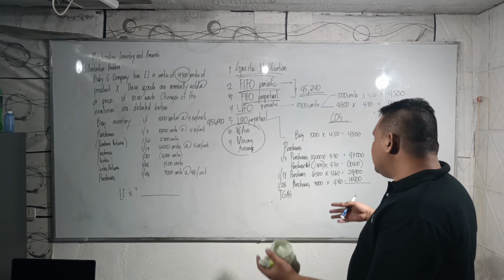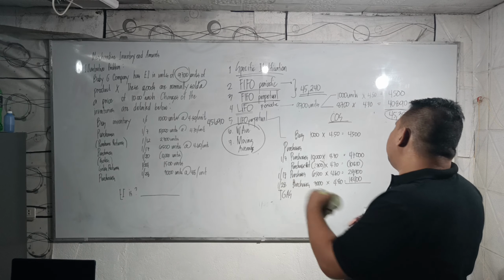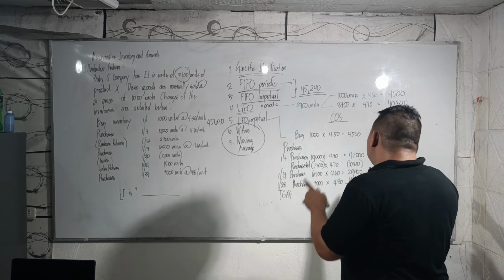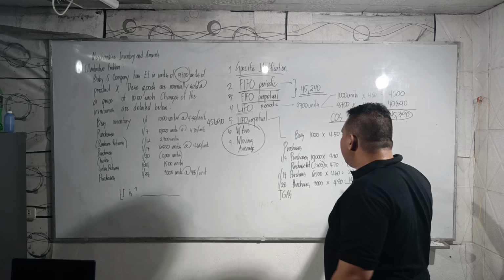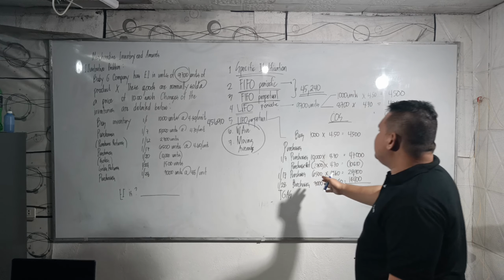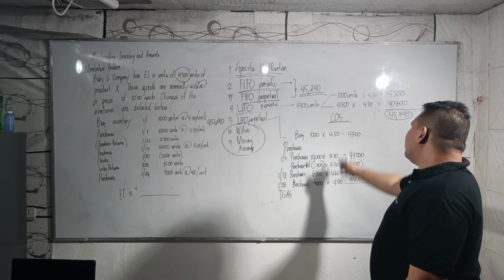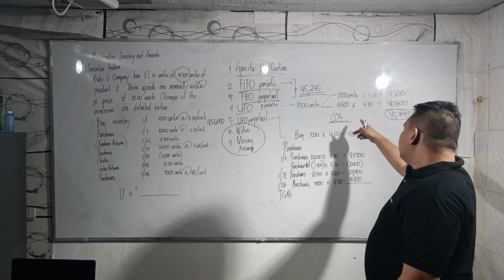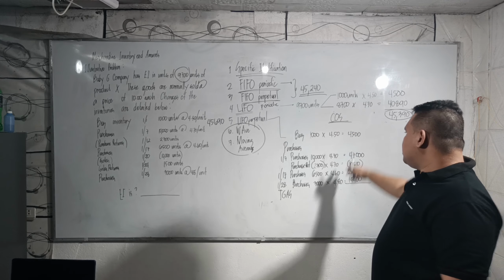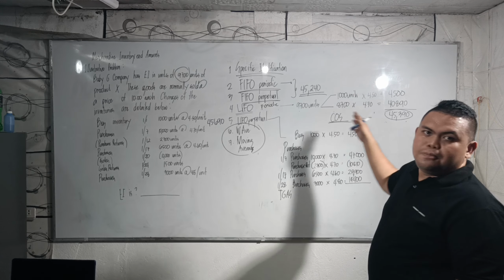But the substance is still the same. Aside from that, it's as if the computation is expanded. It includes units and unit price and then the total. In the past, there's only the total.